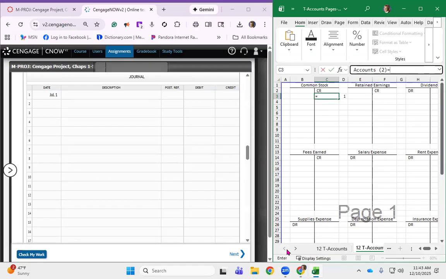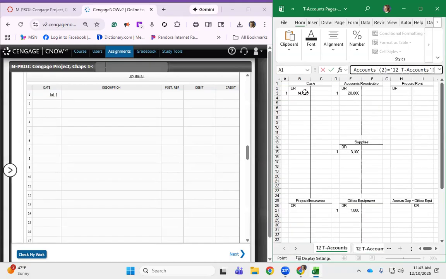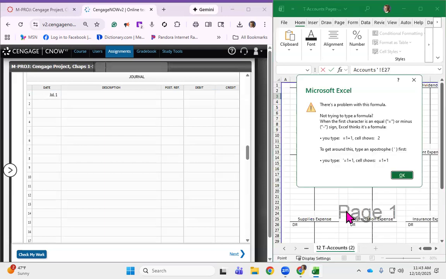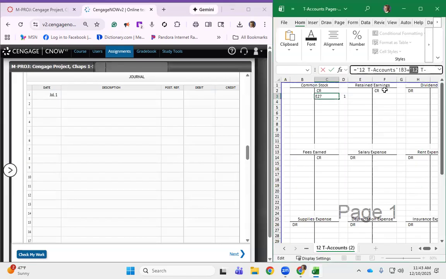So equals cash, and then I want plus accounts receivable plus supplies plus office equipment. Now let's see if I got anything with it. I guess it didn't like it.